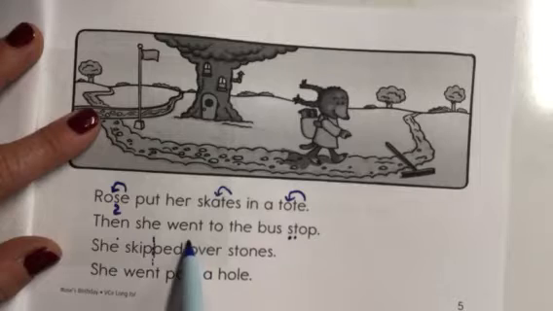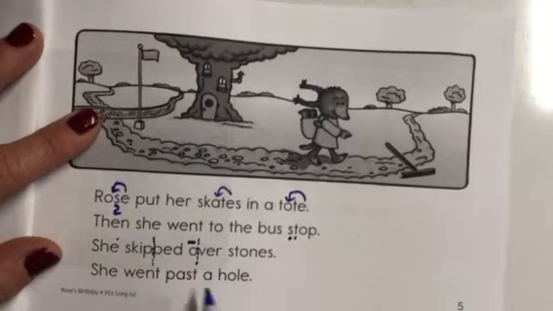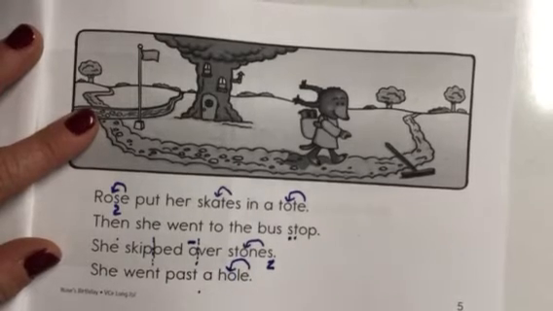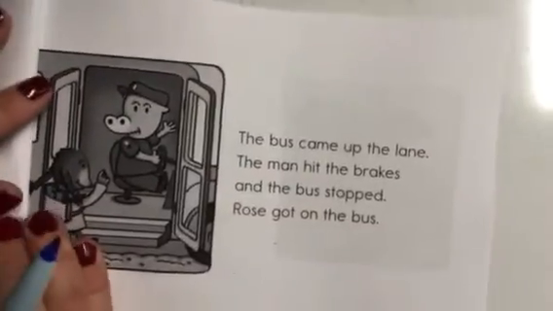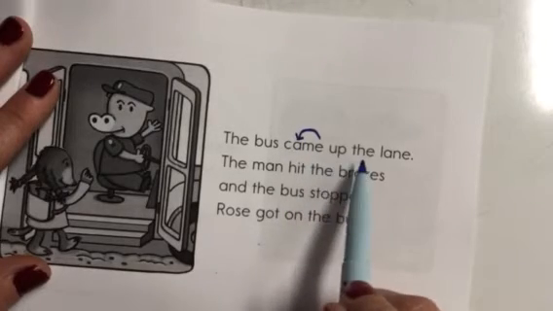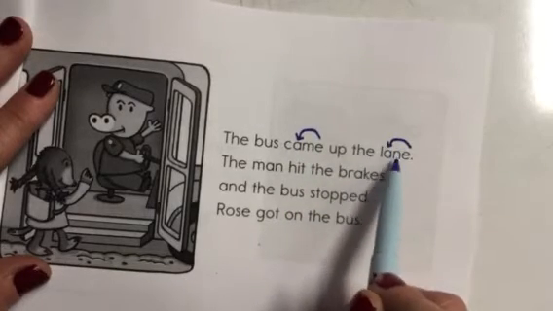over. If I need to put my long vowel O sign over the O and divide it into syllables, over stones. She went past a hole. The bus came up the lane.